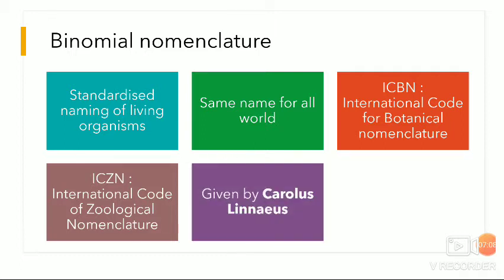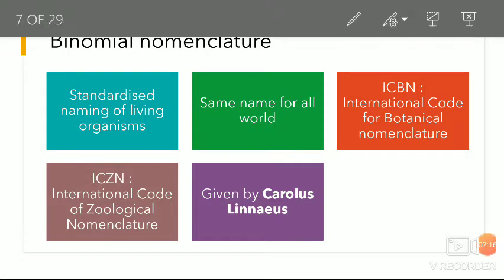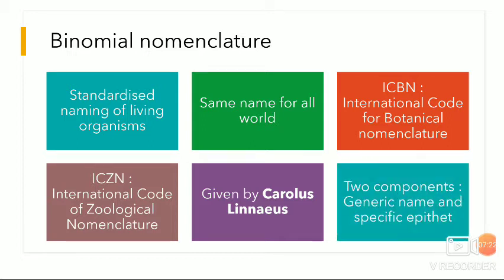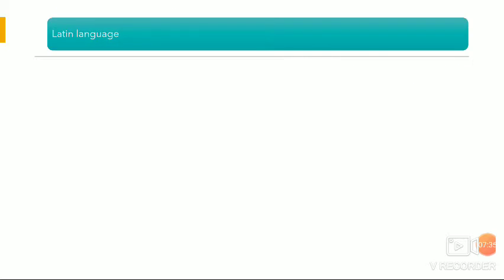Then comes who gave this system of nomenclature. It was given by Carolus Linnaeus, and it has two components. As the name says, binomial means two components, generic name and specific epithet. Then which language is used?